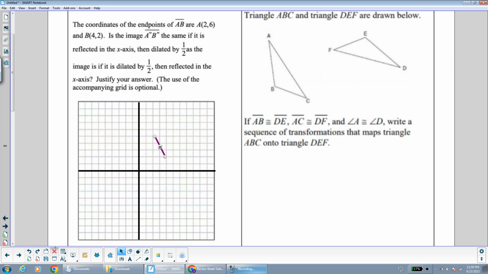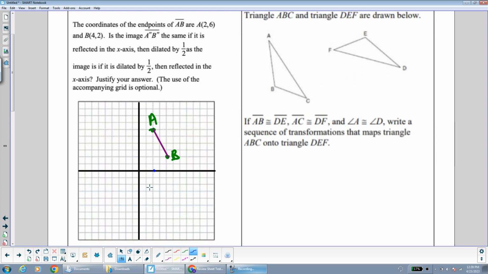Here is point A, and B is 4, 2. So to the x-axis, that would be 6 spaces.